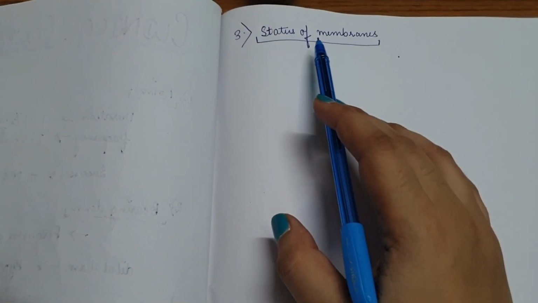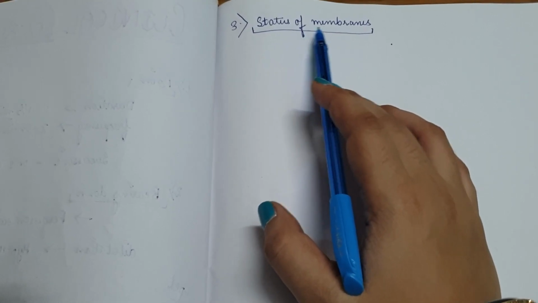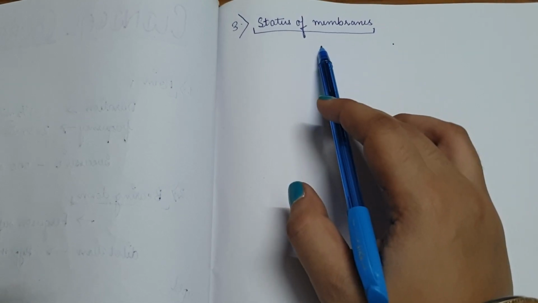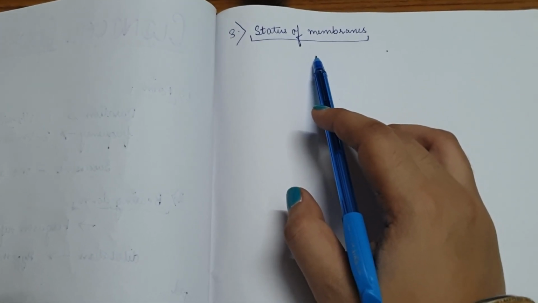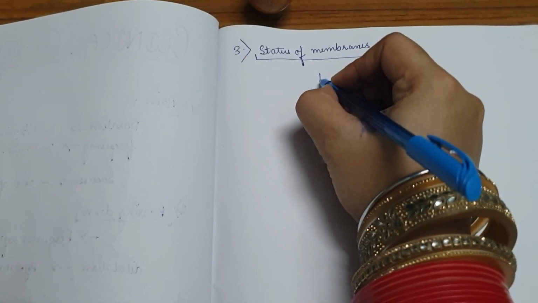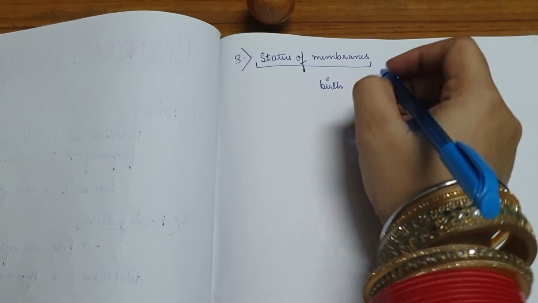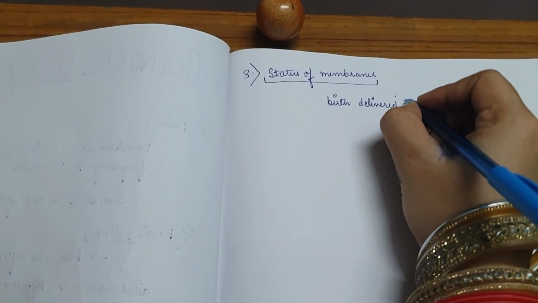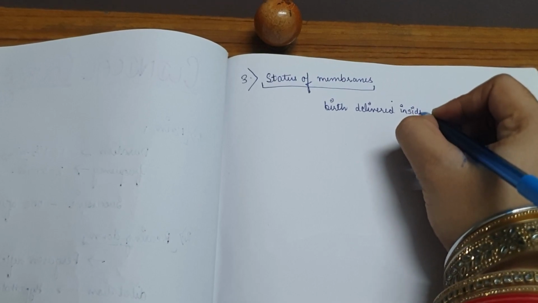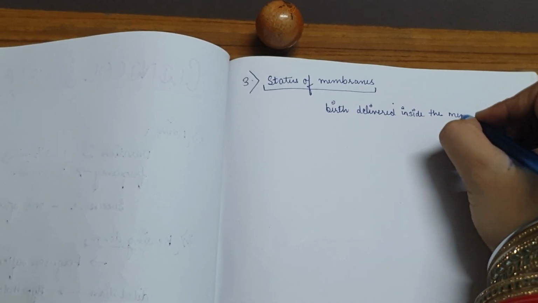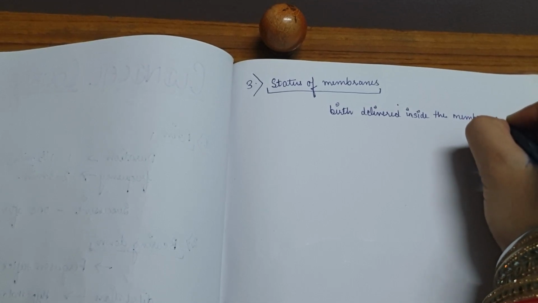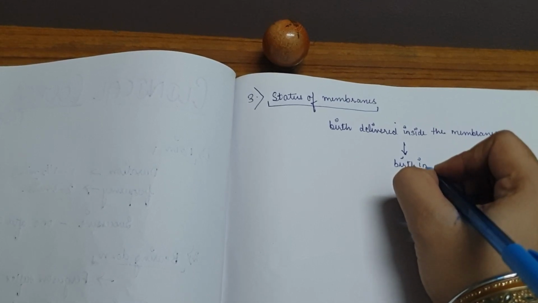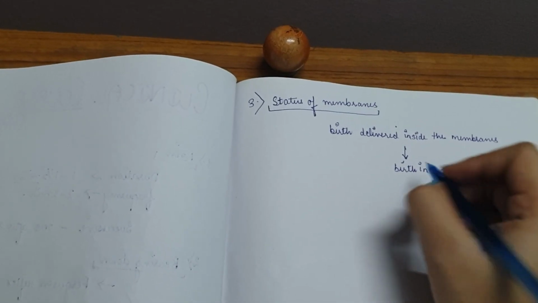So the next clinical course, or the next sign and symptom, is the status of membranes. The membranes rupture after the full dilatation of the cervix, but sometimes the membranes do not rupture and the baby is delivered inside the membranes, which is known as birth in caul, or born in caul.